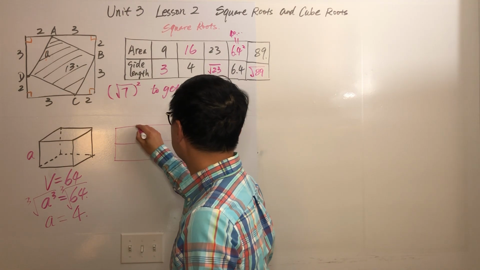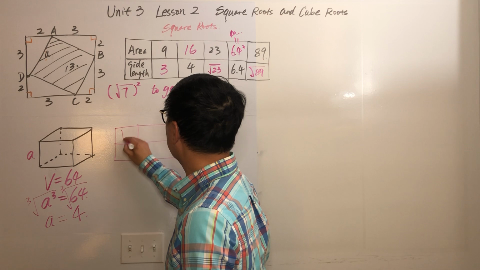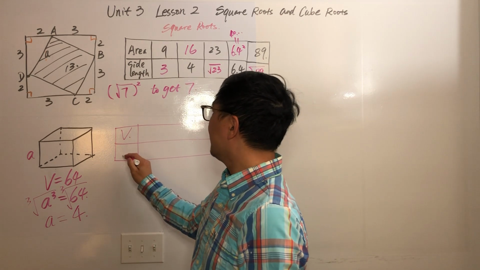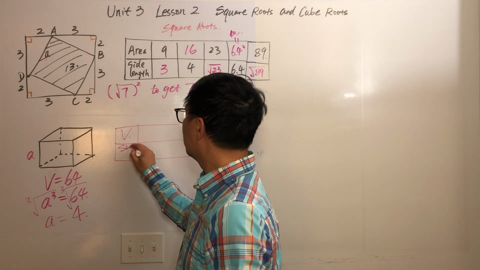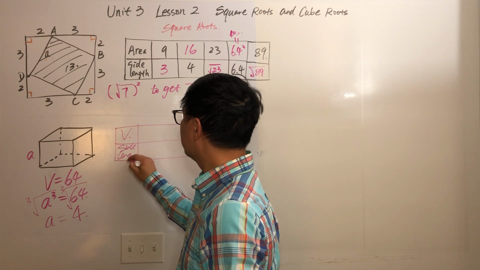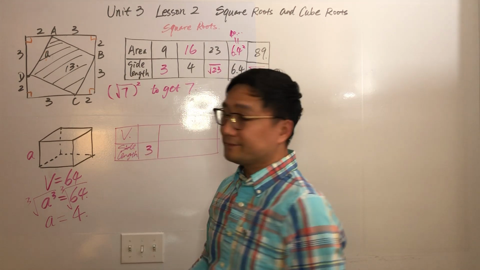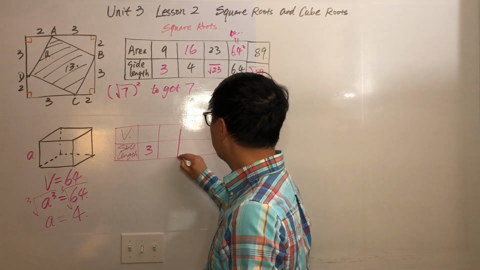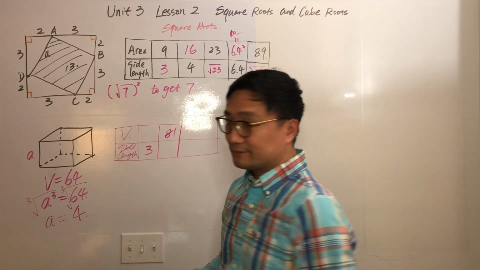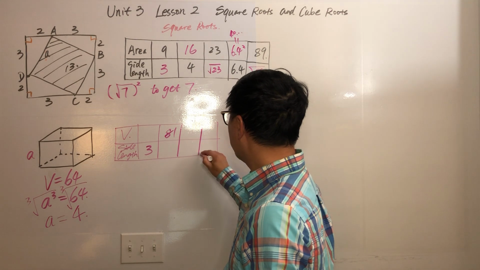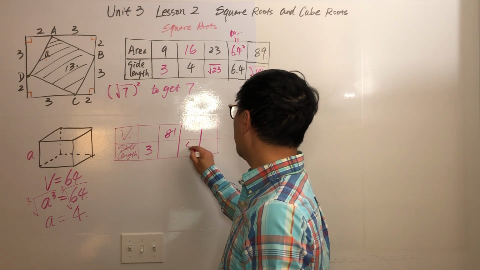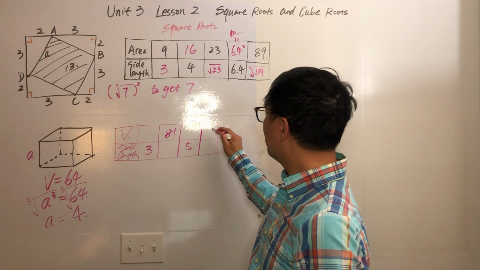This is the volume, okay? And this is the side length. Also, if the side length is 3, okay? If I said the volume is 81, okay? If the side length is 5, and the volume, this is 100.